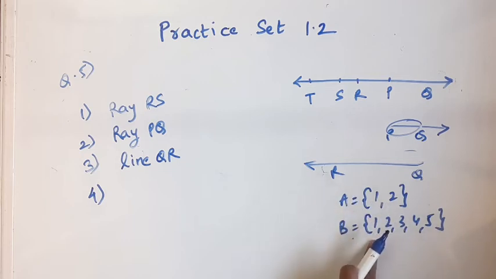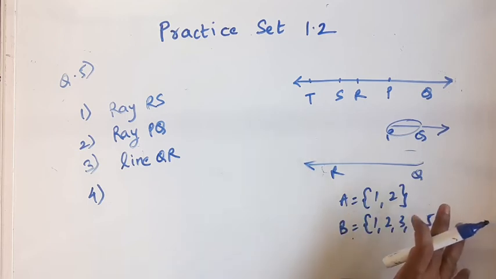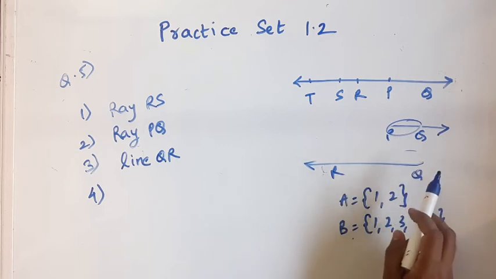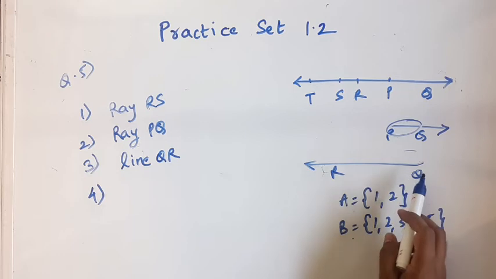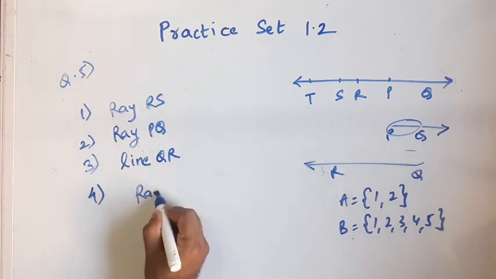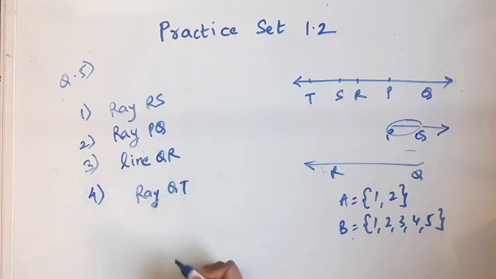Like Maharashtra is a subset of India. Similarly, they have asked state the rays of which QR is the subset. So I have to write the bigger ray. So I will write ray QT, or I can also write ray QS.